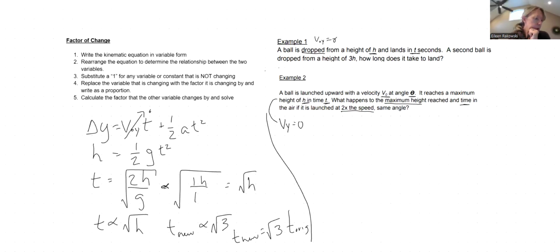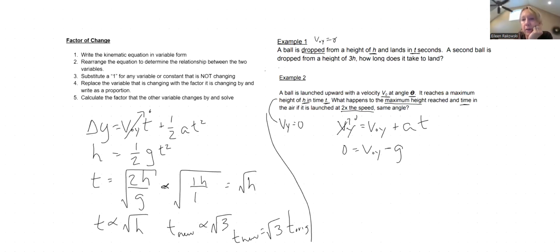So we're looking for a relationship between time and initial velocity. And we know v at the maximum height is 0, so we're going to choose this equation: Vy equals v initial y plus at. Well, we know at the maximum height Vy is 0. We're going to rearrange this equation to solve for t. So 0 equals v initial y, and acceleration in this case is going to be negative, so I'm going to put minus gt.